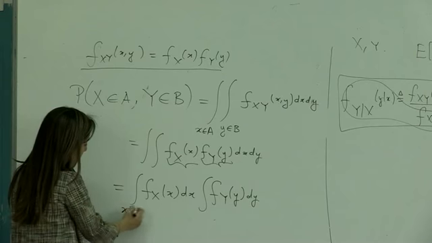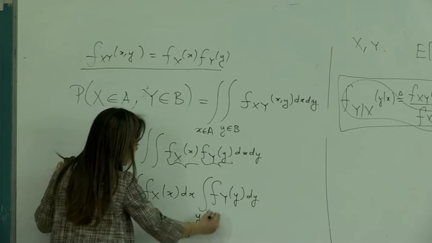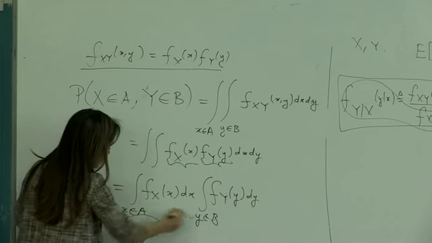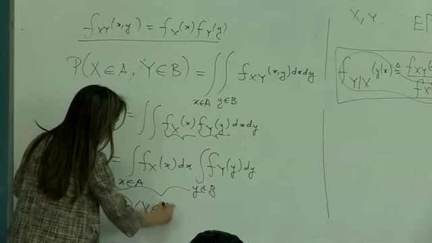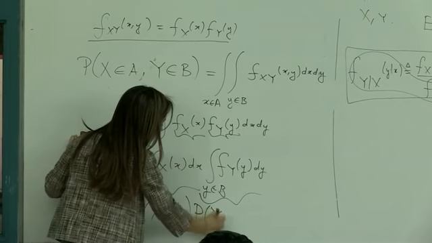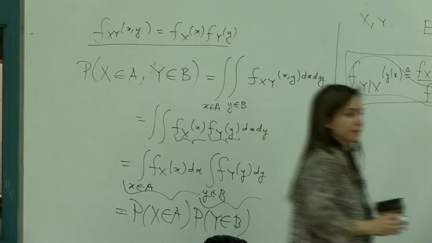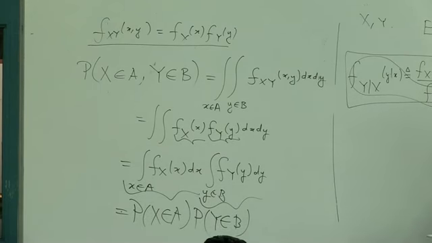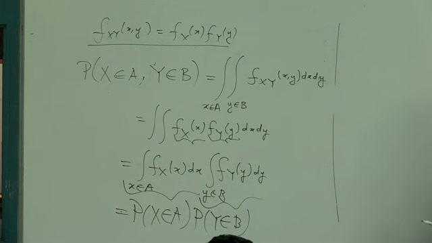The first integral is over A, this integral is over B, but this is by definition the probability that x is in A, and this one is by definition the probability that y is in B. So we're done.